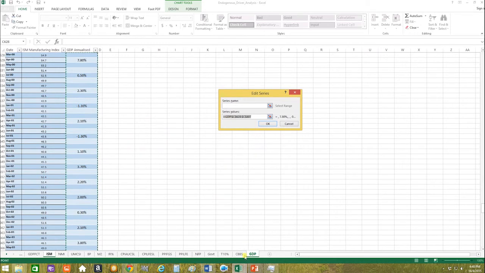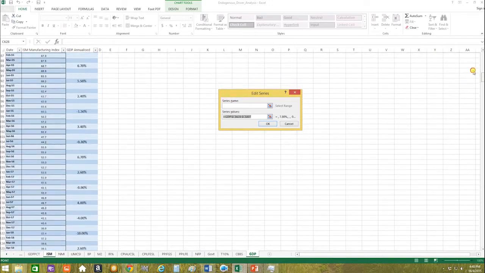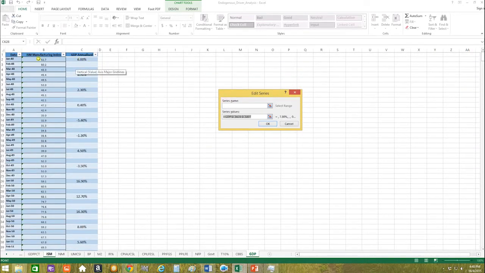And right at the end of our data series, right across the tab, across here, we have our GDP annualized percentages. So we have them for ease, at the beginning and at the end of the sheets, so it can save you scrolling across a lot of the time. And you can see the data going all the way back to 1948.